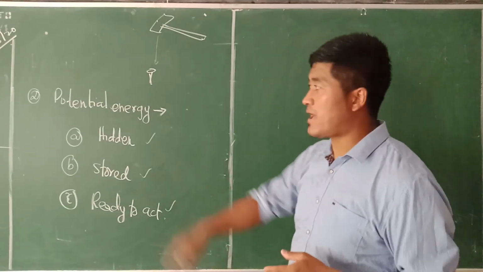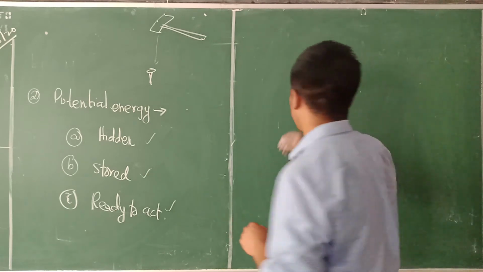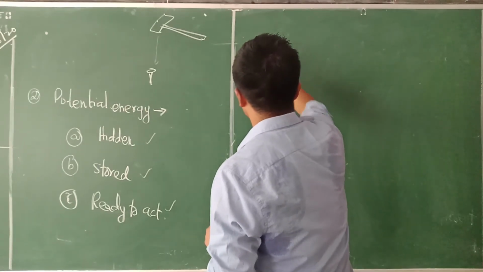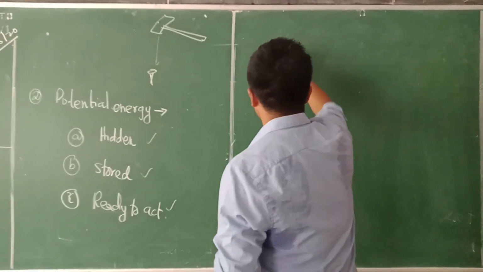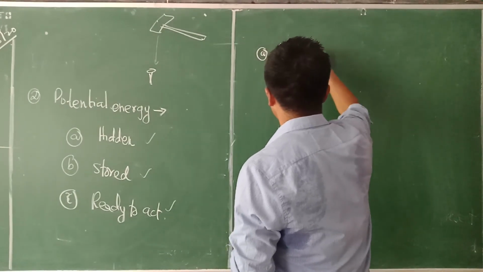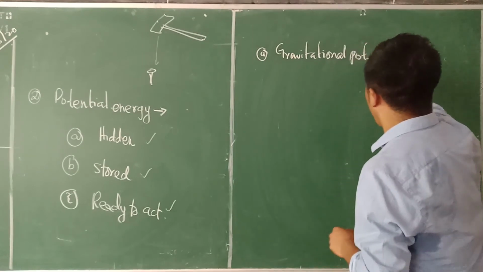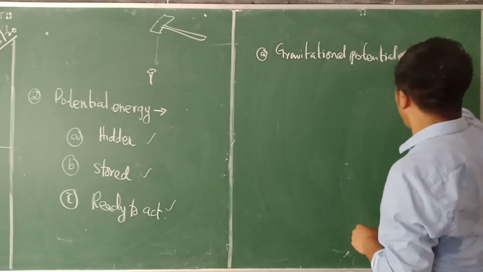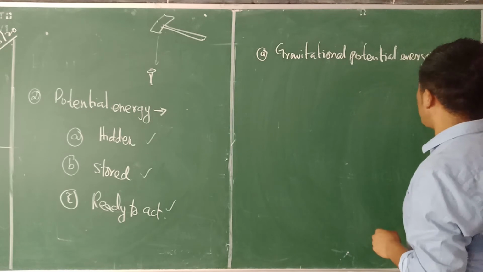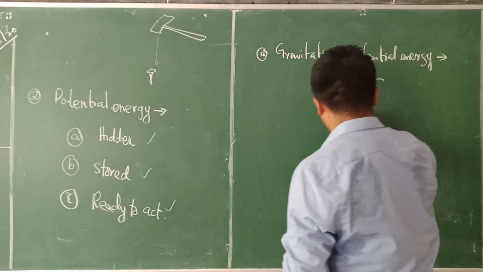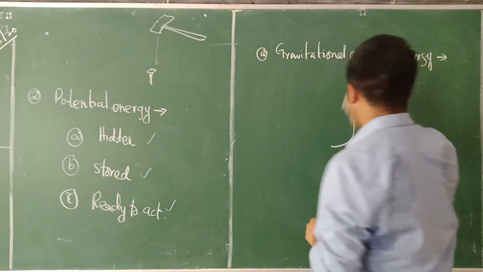Now, this potential energy can be classified into 2 parts here. Number 1, I'm going to write here A. Gravitational potential energy. Okay.